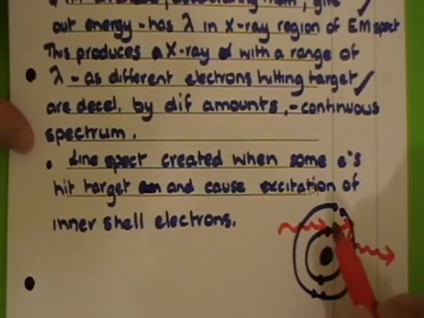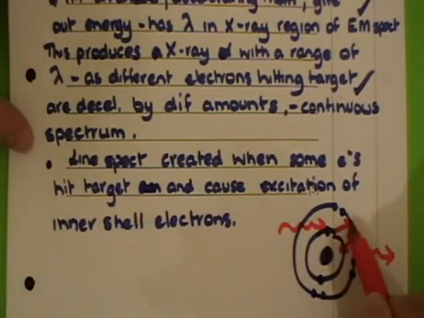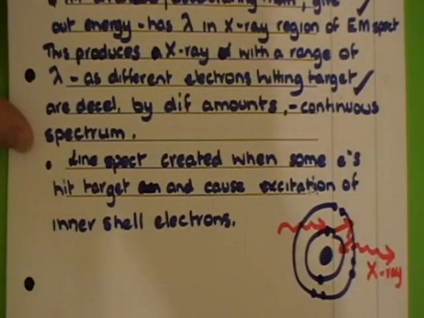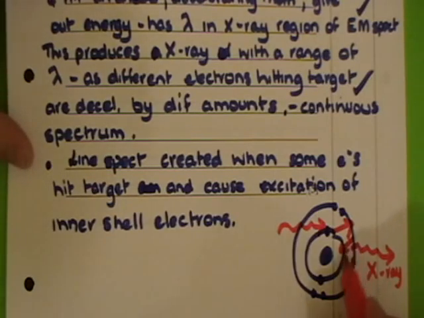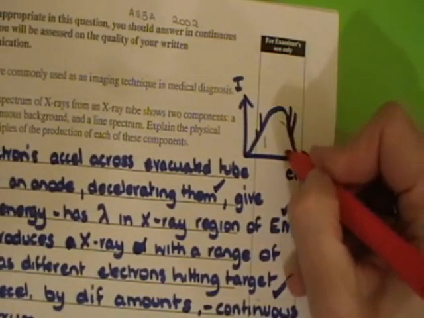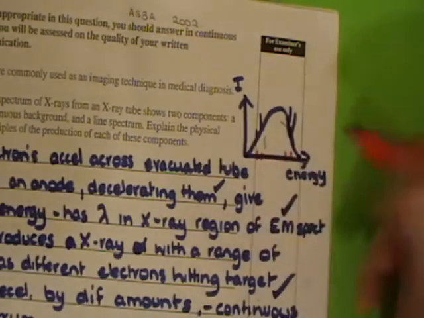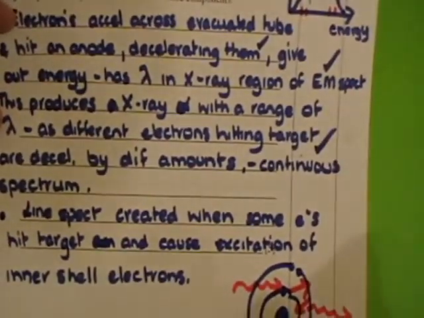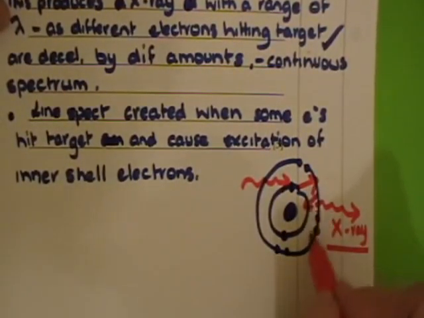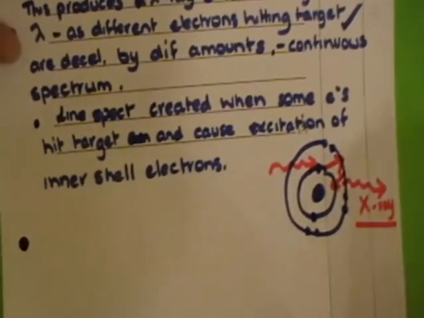Electron comes across the tube, hits an inner electron, it moves to a higher energy level for a very short period of time, goes back down to where it came from, and it gives out energy in the form of an X-ray. But there's very, very few of those, and it's a very, very specific amount of energy that's given out, and that's why these lines occur on the spectrum at set values. Those would correspond to the difference in energy levels between one shell and another, and that's why they're very, very specific.